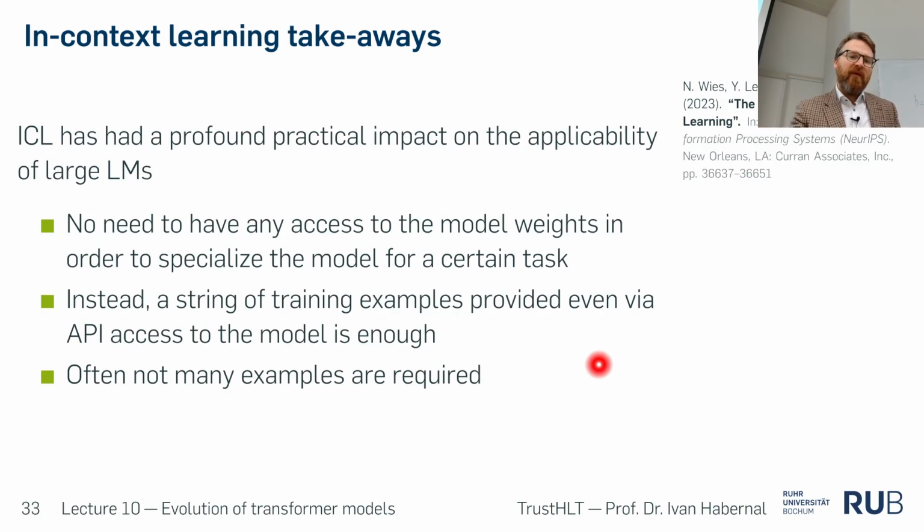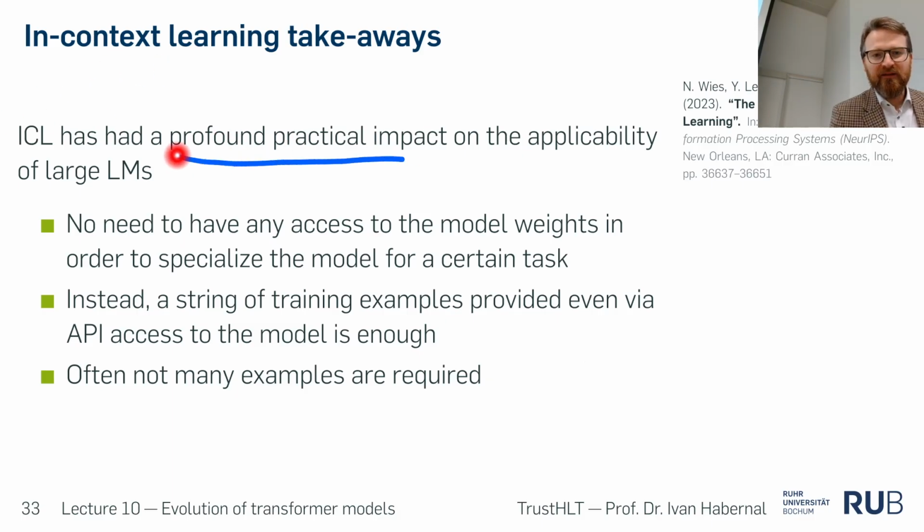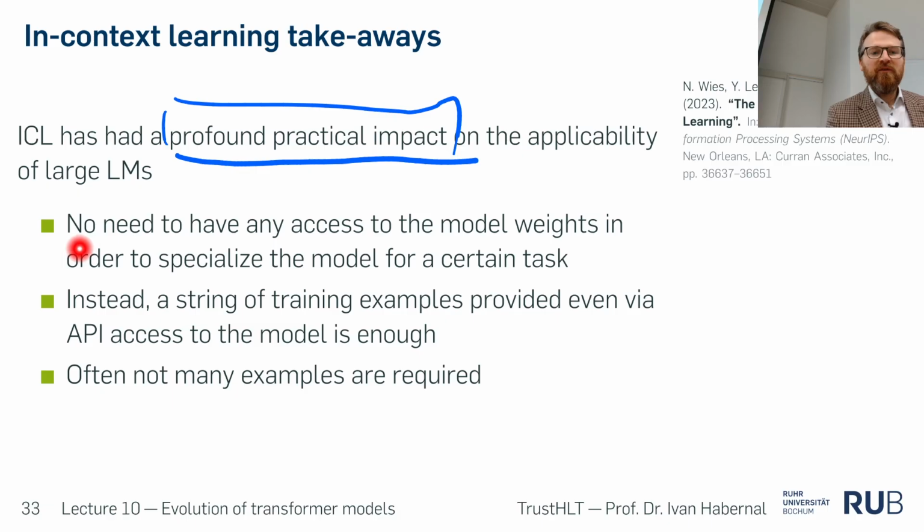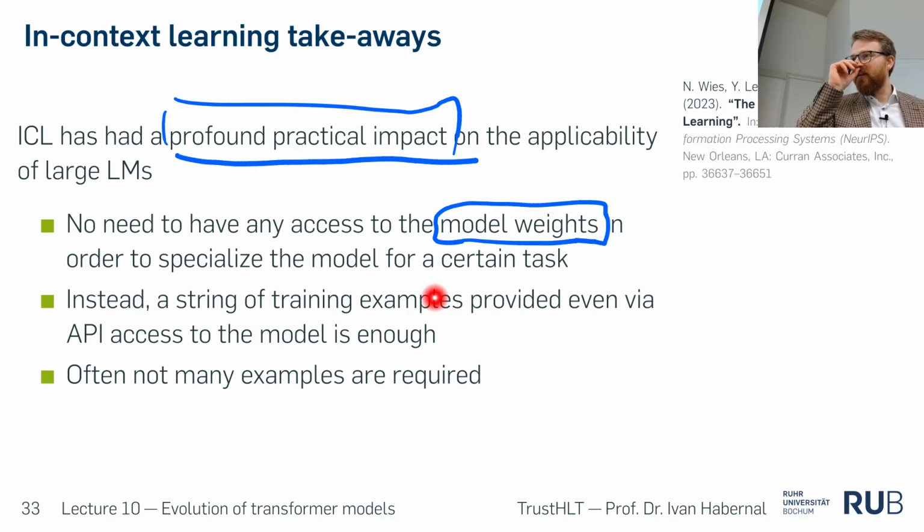But the takeaway is that it has profound practical impact on LLMs, language models, because you don't have access to the model weights. By the way, the architecture of transformers is kind of known, so there are no secrets there. What makes these companies, OpenAI, Anthropic, Claude, and others, valuable is actually the trained models.